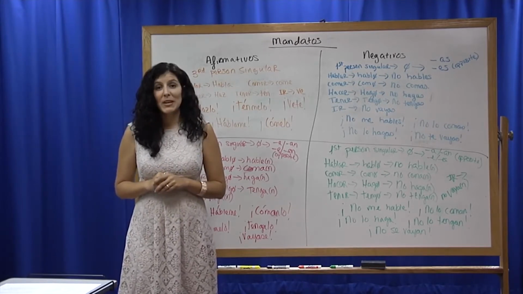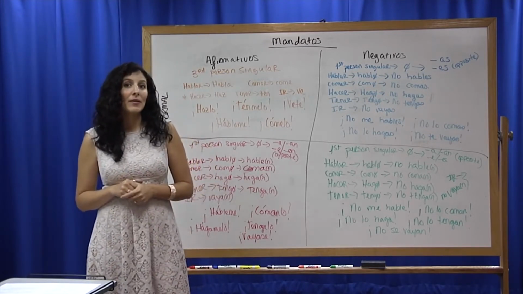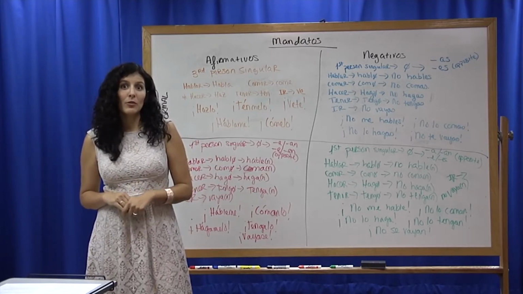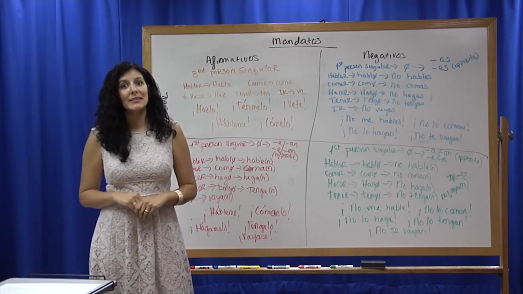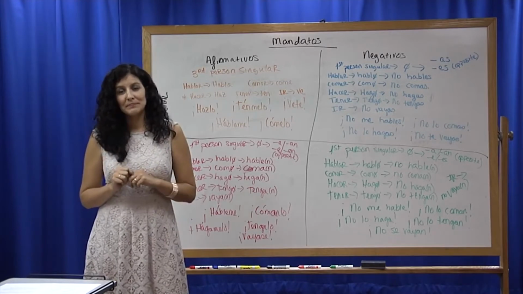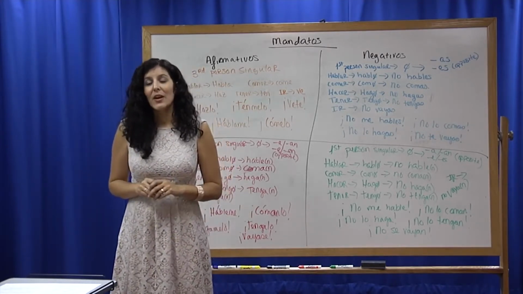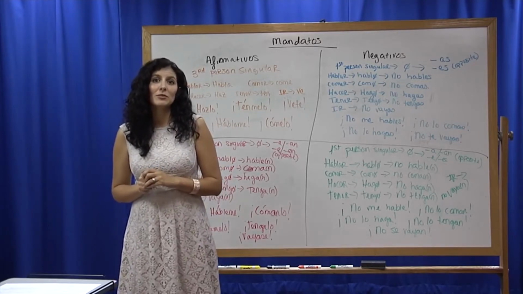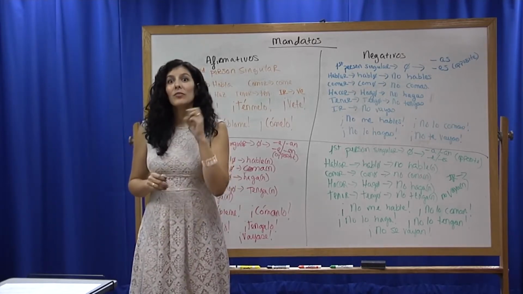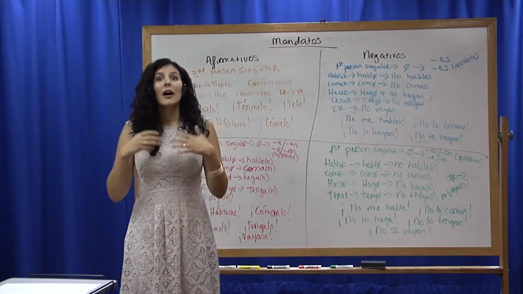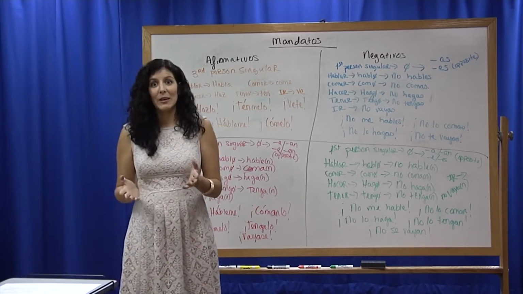You may recall from Spanish 1 that we learned how to talk about affirmative informal commands. In your book, they're listed as affirmative tú commands. And you may remember that these were actually very simple to find. All you had to do with the affirmative tú commands is take the third person singular form of the verb and you had the command.